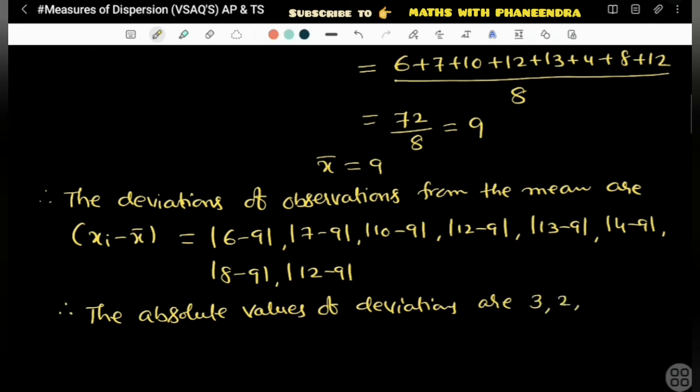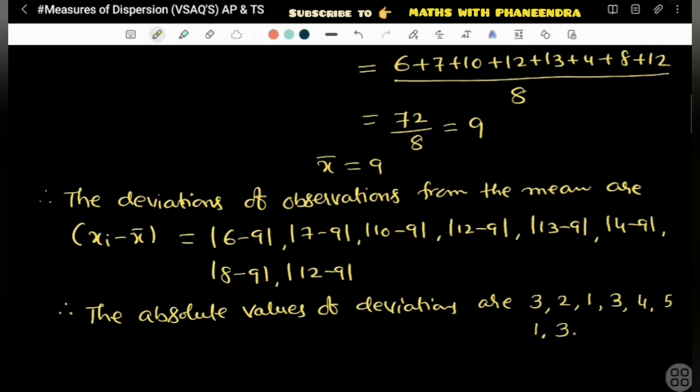Next 2, next 1, next 12 minus 9 is 3, 13 minus 9 is 4 and 4 minus 9 is 5, and 8 minus 9 is 1, 12 minus 9 is 3.